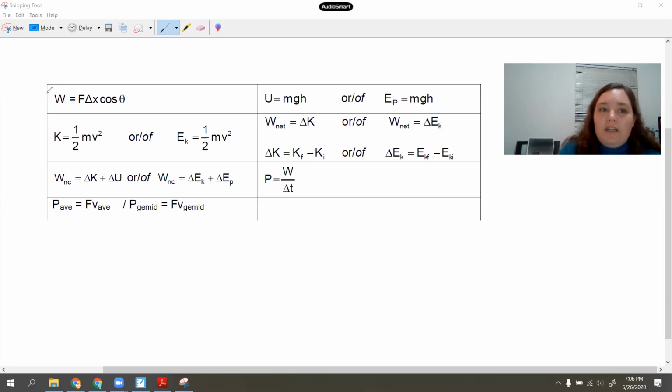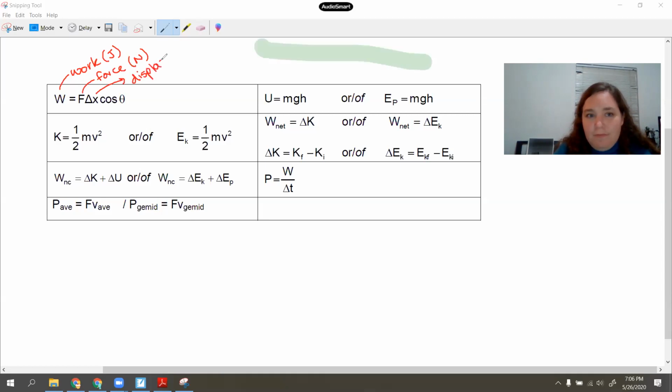So the first formula that they give here is the formula to calculate the work. And this can be work done by any force, okay? So work here is measured in joules. F is the force measured in newtons. Delta X is your displacement measured in meters.